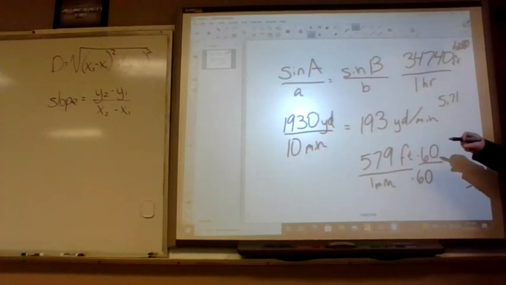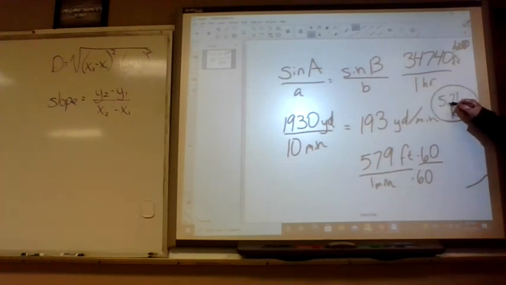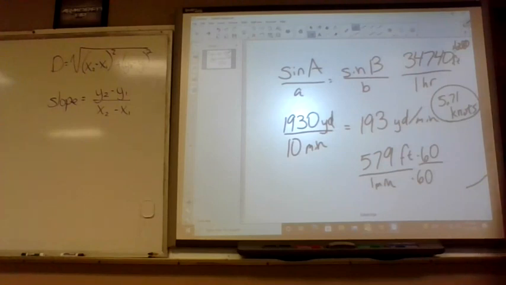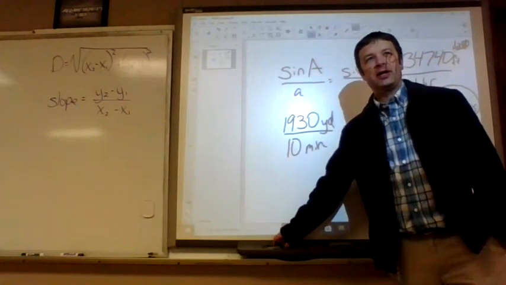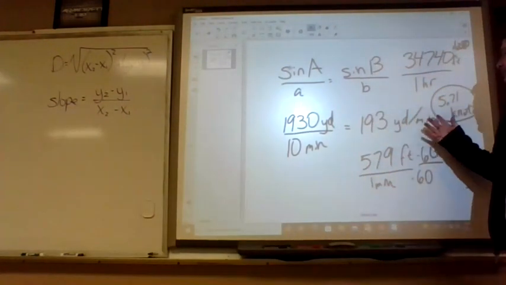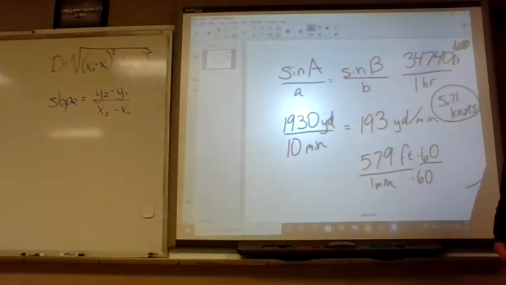Knots per hour? How would you write that? I think they just say knots. A knot is a nautical mile per hour, which is a little bit longer than a mile. If you're traveling at 5.71 knots, that means you're going 5.71 nautical miles per hour, which is probably like 6 normal miles per hour.